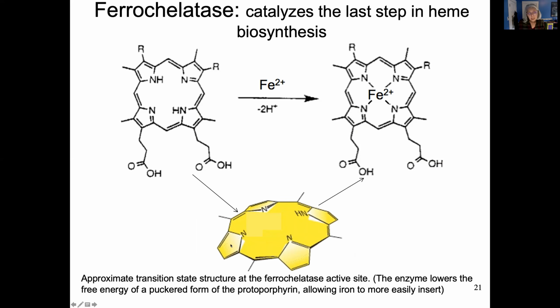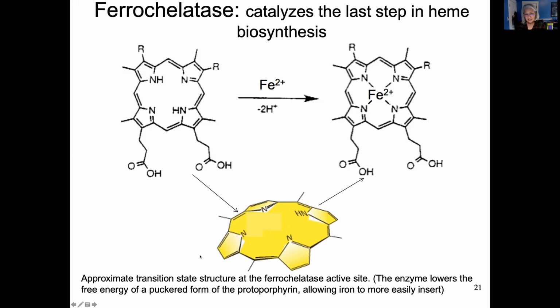And a very close analysis of the enzyme active site showed that it evolved to perfectly fit a puckered porphyrin-like molecule, and that binding interactions between the protoporphyrin and the enzyme allowed the protoporphyrin to make this puckered structure and iron to quickly and easily bind it, right?